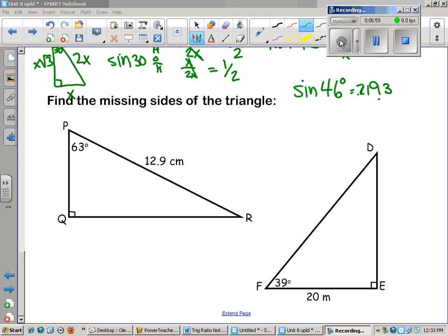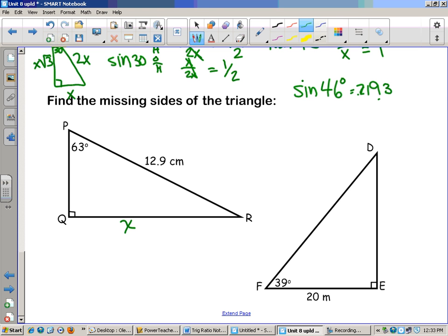All right, so let's say I'm trying to find this side, and I'm given this side. So from the 63-degree angle, is this opposite, adjacent, or hypotenuse? Opposite, and this is hypotenuse. Which trig function relates opposite and hypotenuse?